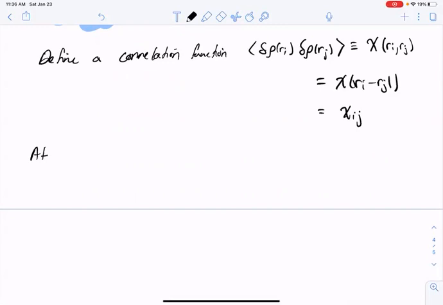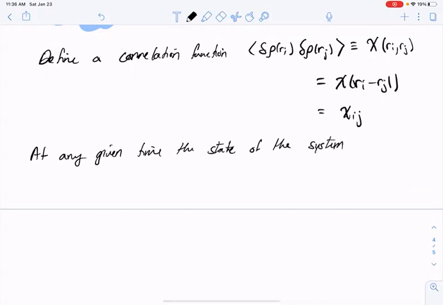At any given time, the state of the system is given by a set of these density variables evaluated for each one of the M cells.